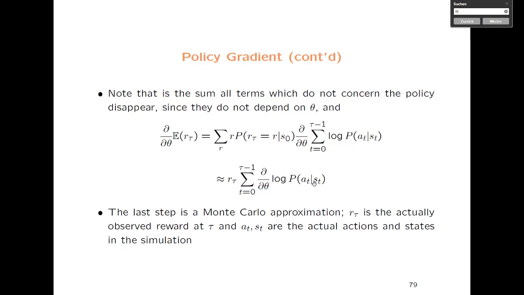And this is quite a simple algorithm. And we don't have to do backpropagation through time or anything. It comes from the beauty of this Monte Carlo approximation. And these are also the actually observed actions and states, A_t and R_tau.